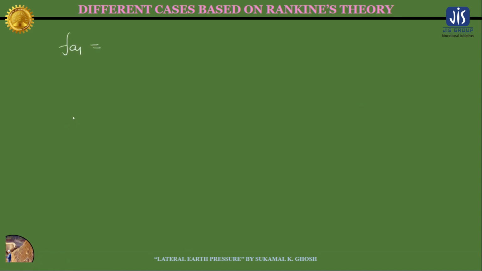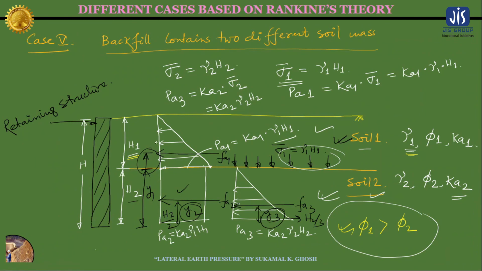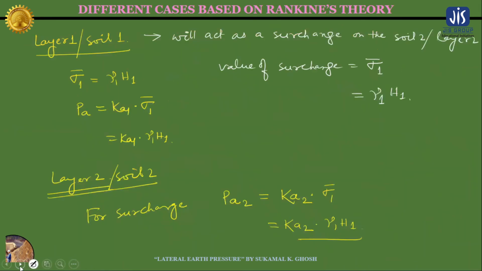Okay, so now we need to calculate the values of Fa1, Fa2 and Fa3. So this will be the area of this particular pressure distribution diagram, right? So the height of this triangle is H1, the base width is Pa1.